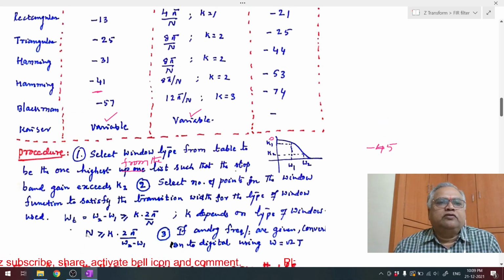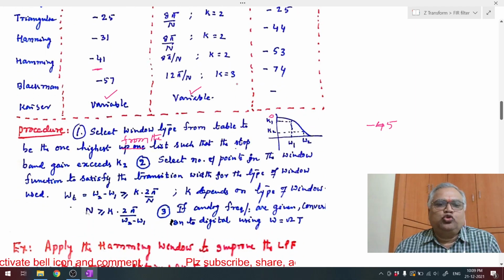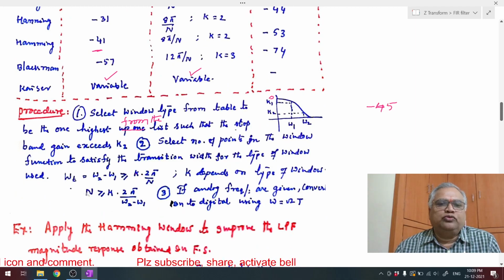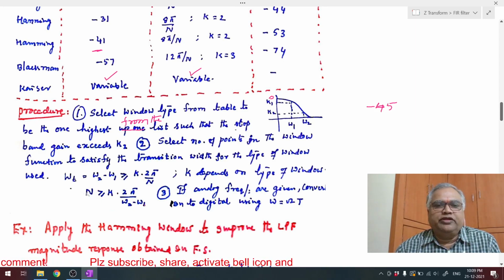For example, we decided on the Hanning window. For the Hanning window, what is K? 2. So here substitute 2. The transition width W2 minus W1 is known in the problem. Once the window is selected, K is known. Solve for n: n should be greater than or equal to K times 2 pi by (W2 minus W1). This is the second step.